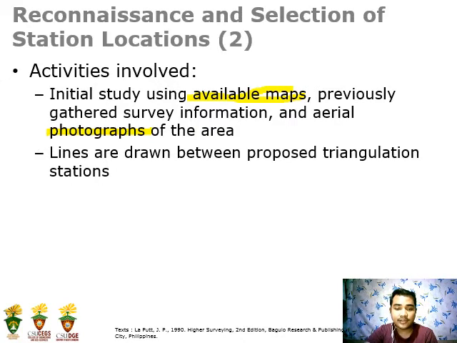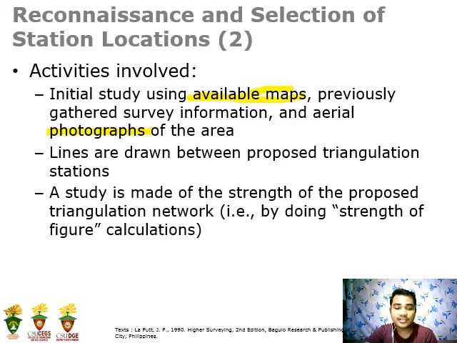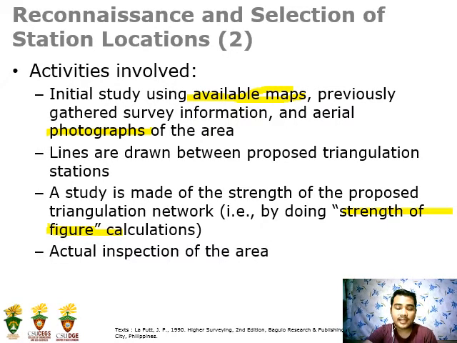Lines are drawn between the proposed triangulation stations, and a study is made of the strength of the proposed triangulation networks, such as the strength of figure we will use. We calculate the strength of figure first to determine the proposed locations for triangulation stations. Then comes the actual inspection of the area, to see if what we chose on the maps is okay in the field.